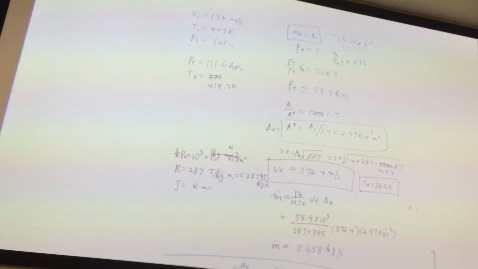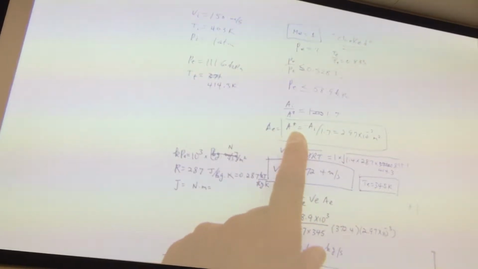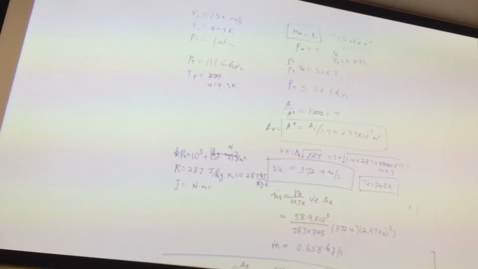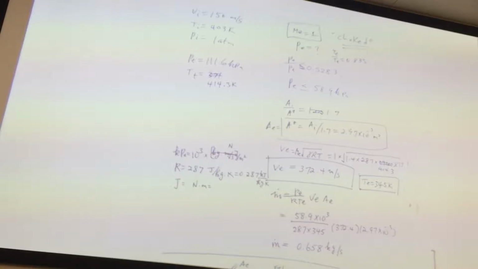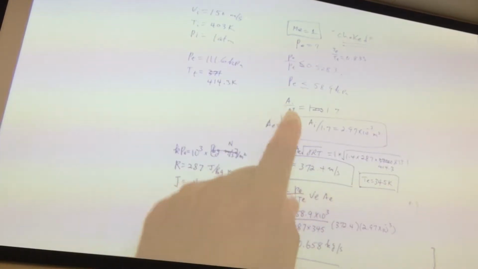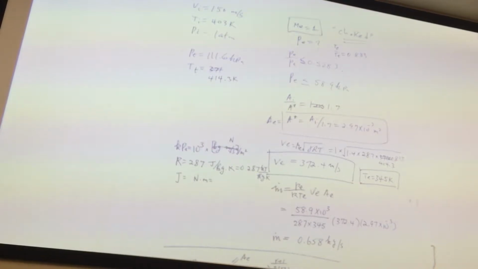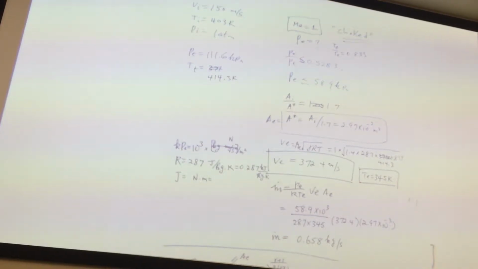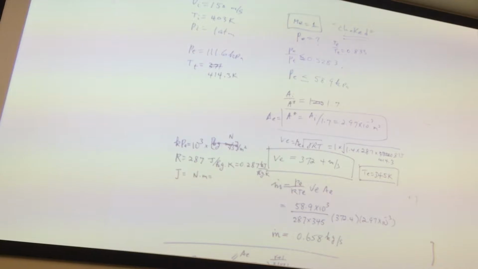Right? And if this is the case, your AE will be equal to A star. So, in that case, your AI over A star is equal to 1.7, and you can calculate what your A star will be.